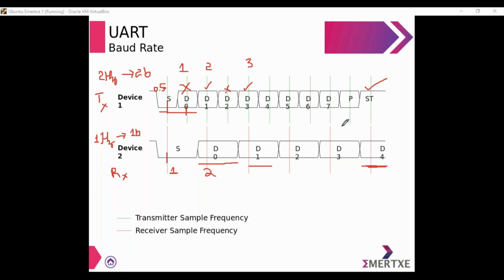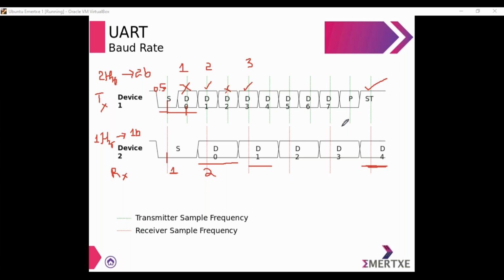No. Because device 2 was working with a lower frequency and device 1 with a higher frequency, device 1 kept transmitting the data. Device 2 was receiving, but it couldn't receive 2 bits of data at a time. Its frequency was 1 hertz only. It could receive only one bit of data in 1 second.